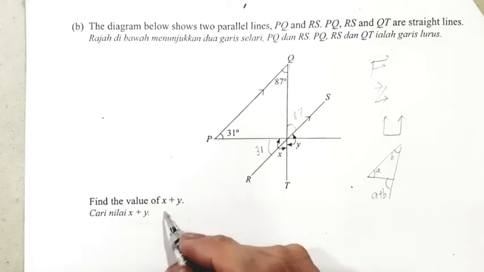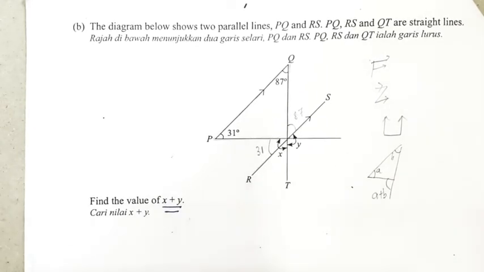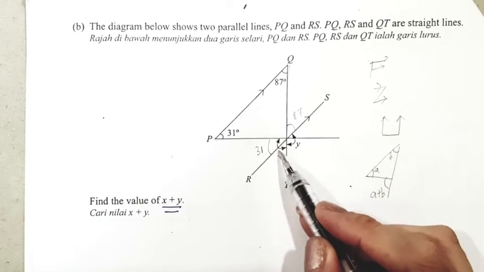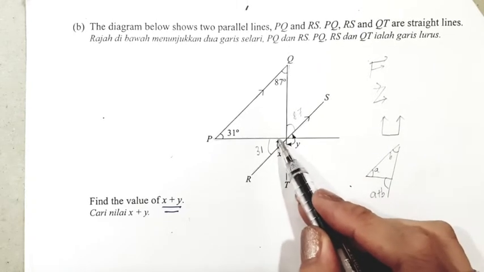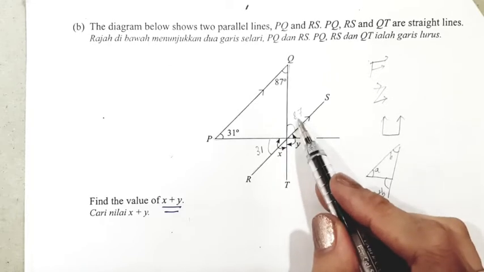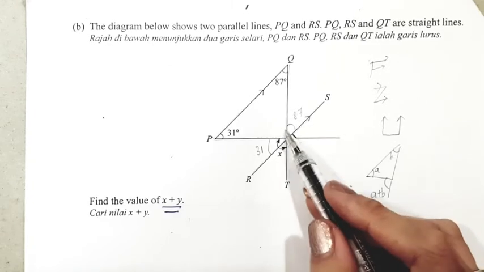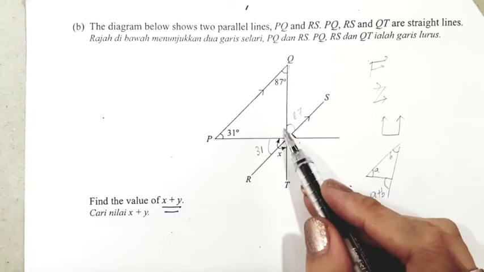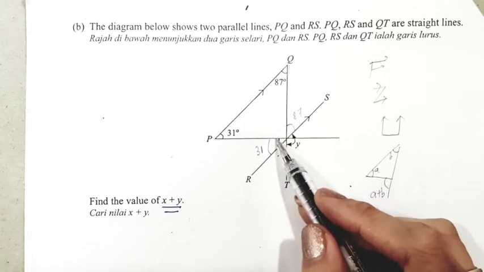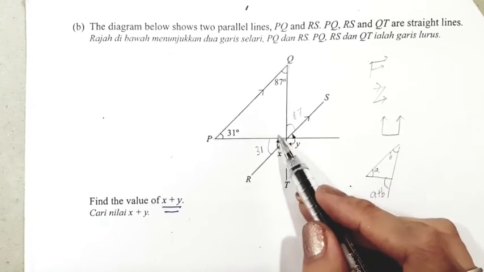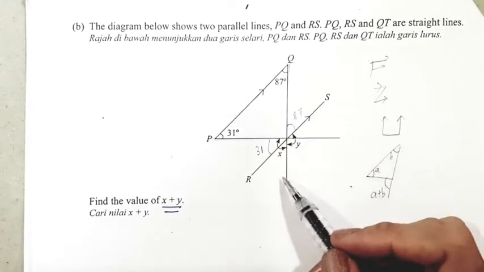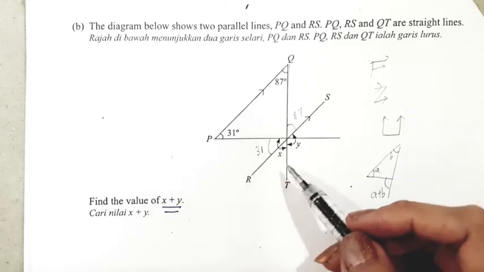Oh, we need to find x plus y. No need to do so many things. X plus y basically is from here up to here. I found 87. Do you think I can find this? Yeah. So let's find this one. This is 180. This one, I say there are so many ways to find.